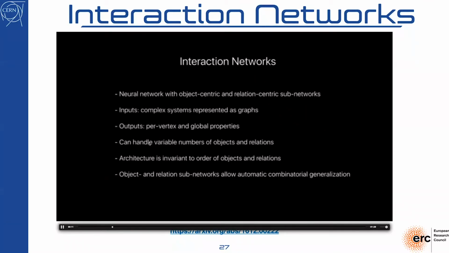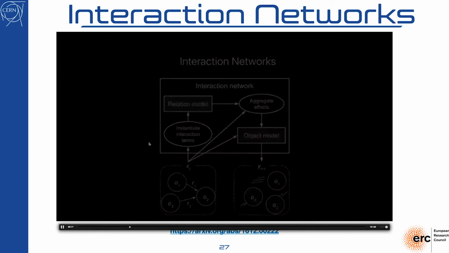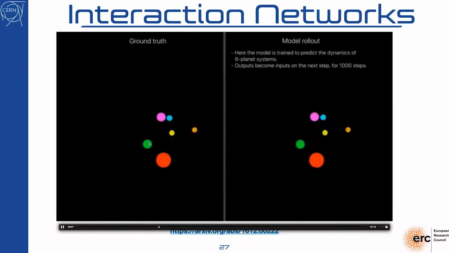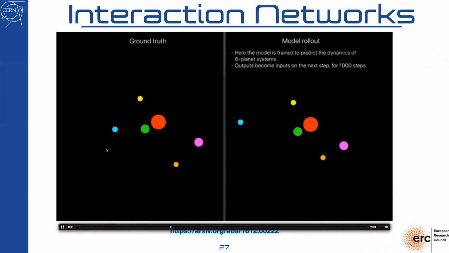So this was a network put together by DeepMind. It's a little bit of the structure of the network. We will discuss this later. To do, for instance, n-body simulation. So your graph is basically n-bodies in a box, and you want to know the position of these bodies after some delta t time.